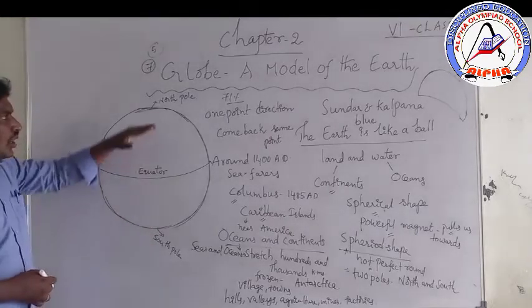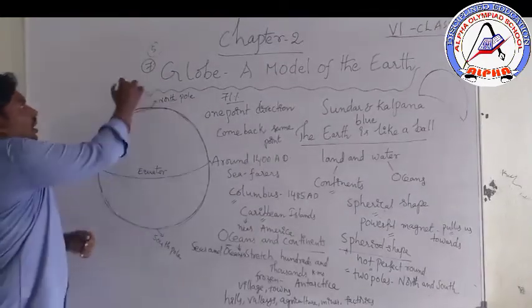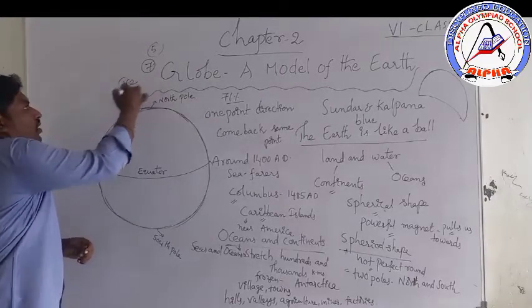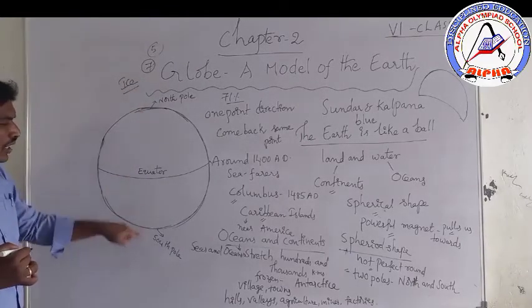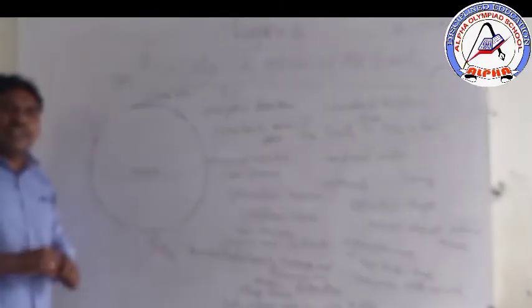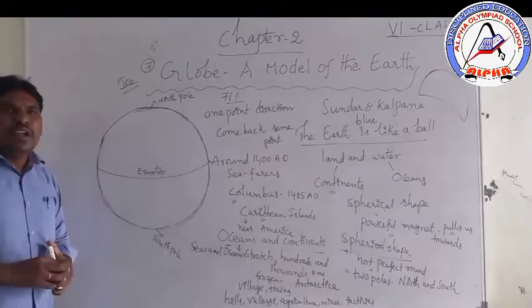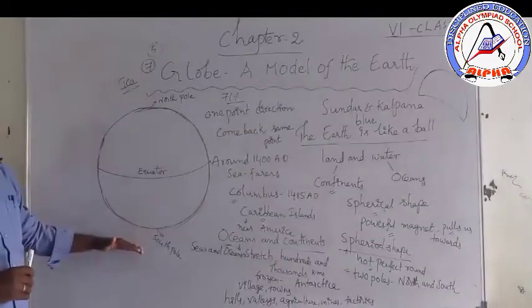The north pole and south pole are covered with ice. They are frozen, complete ice.